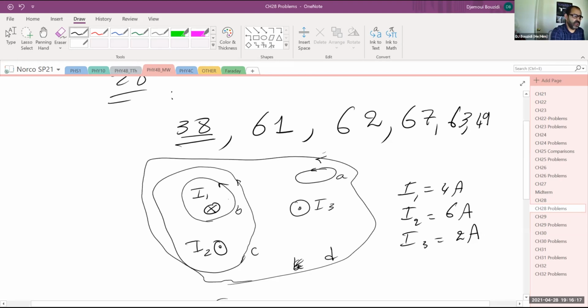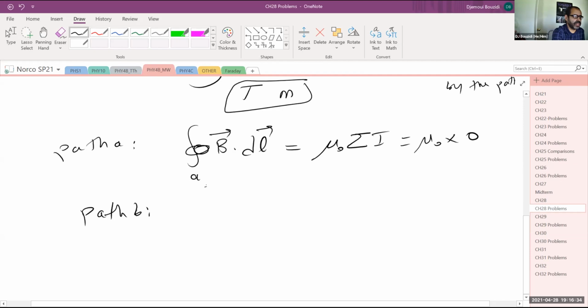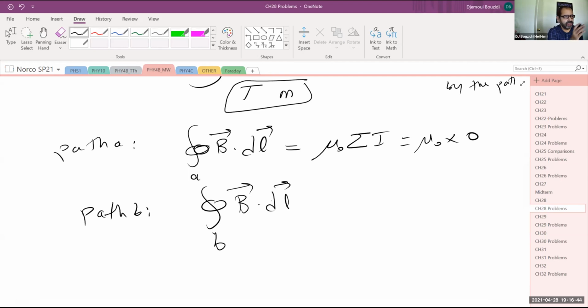The magnetic field due to I1 is in this direction, and we're circulating in the positive direction, so this has to be a negative value. So it's minus 4 amps times mu naught, and that is the current enclosed. We're only enclosing I1. So for path B, again, we don't really do this integral at all. That's the whole point of Ampere's law: you write it, but you don't really carry out the integration.